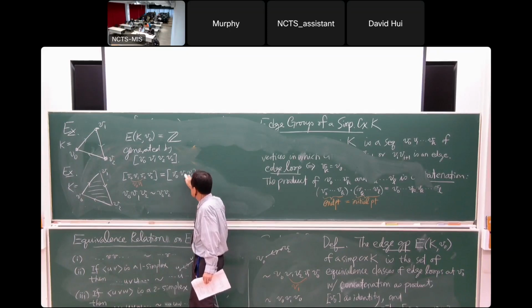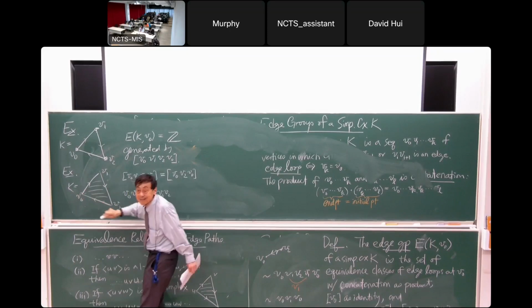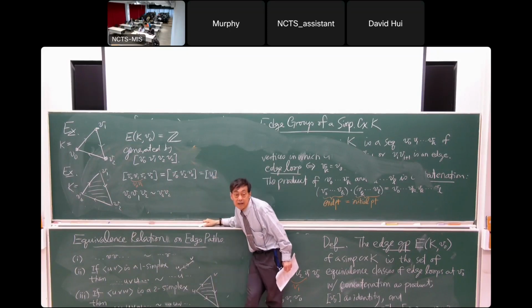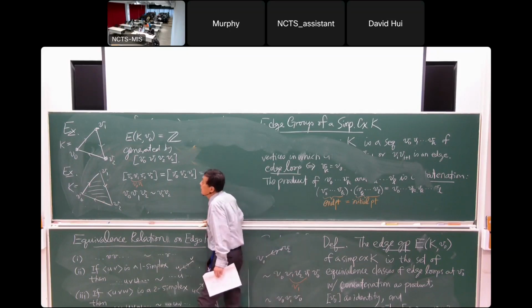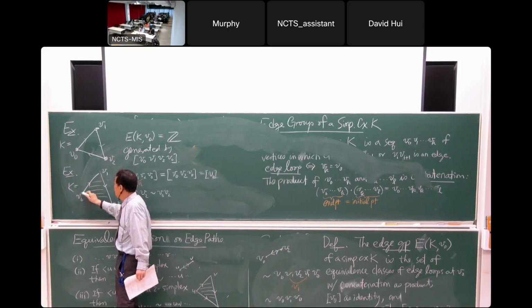But V0, V2, V0, that's equal to just V0. The identity. So this is one path.